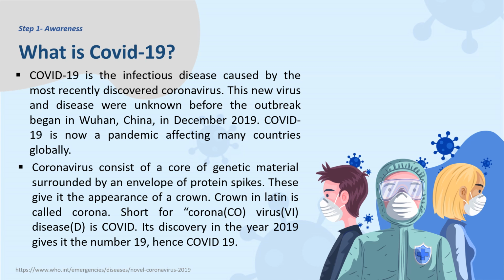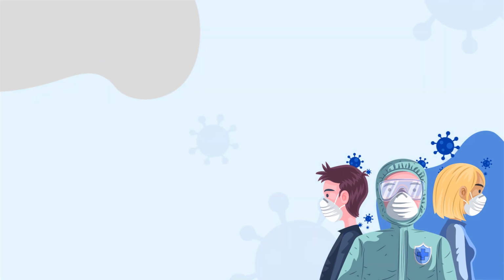Coronavirus consists of a core of genetic material surrounded by an envelope of protein spikes. These give it the appearance of a crown. Crown in Latin is called corona. Co for corona, vi for virus, D for disease. Its discovery in the year 2019 gives it the number 19, hence COVID-19.